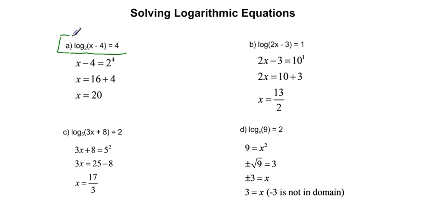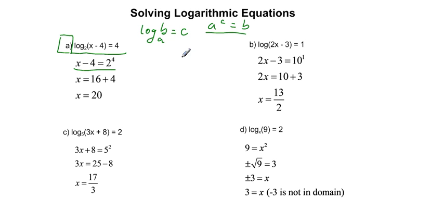question A. Log to base 2 of x minus 4 is equal to 4. By just recalling the relationship between logs and exponents. So log to base a of b is equal to c because a to c is equal to b. So just by converting this into exponent, you can go 2 to exponent 4 is equal to the value inside.